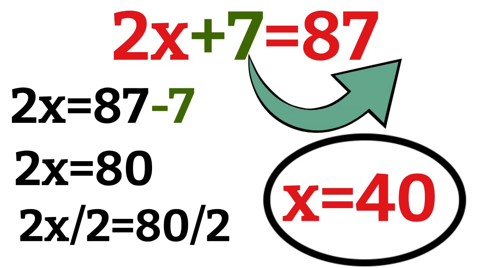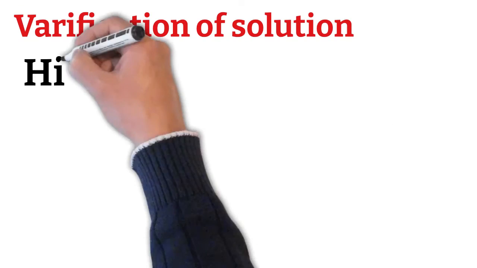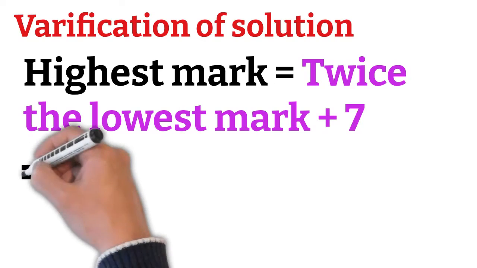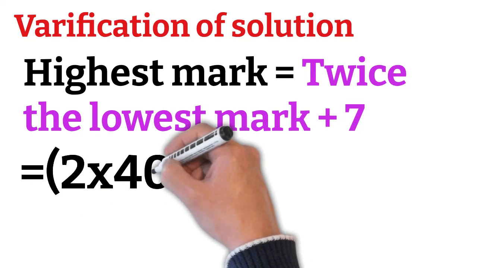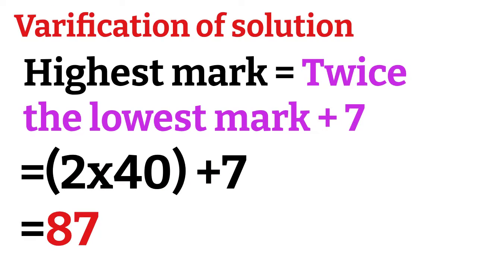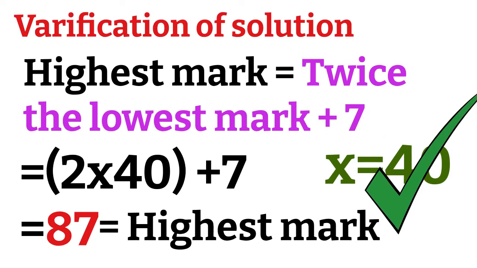This is the lowest score. Let's verify. According to the given problem, the highest mark in class is twice the lowest mark plus 7. Twice the lowest mark plus 7 is equal to 2 times 40 plus 7. That is equal to 87. It is the highest mark. Solution is verified.